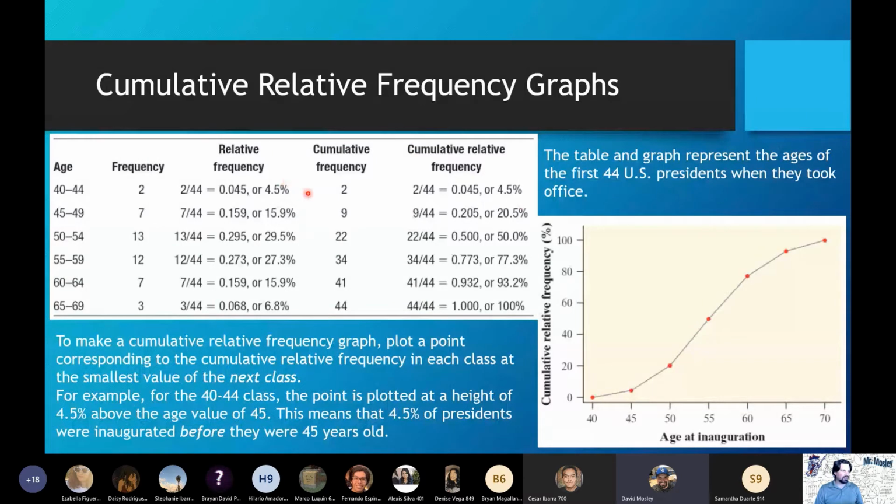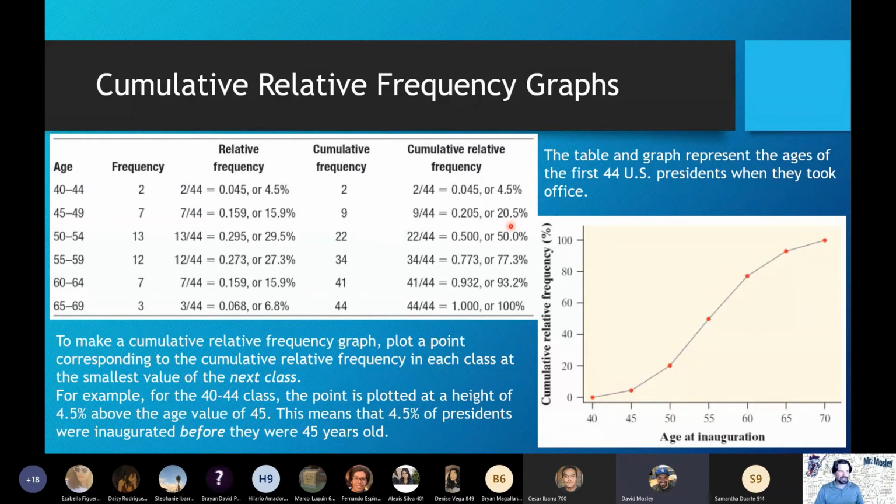You can also think of it as taking the relative frequencies and adding them up as we go. 4.5 plus 15.9, due to rounding for these percentages, gets us to 20.4 and not 20.5 like here. So if you want to avoid propagating rounding errors as you go, the better rule is to use the frequency number and divide by the number of observations.